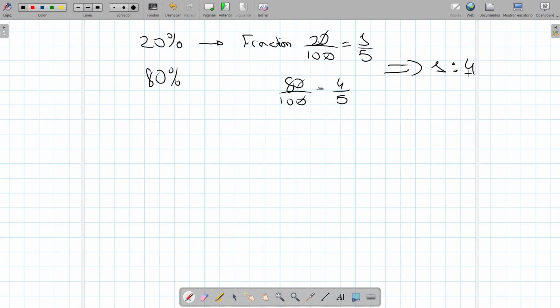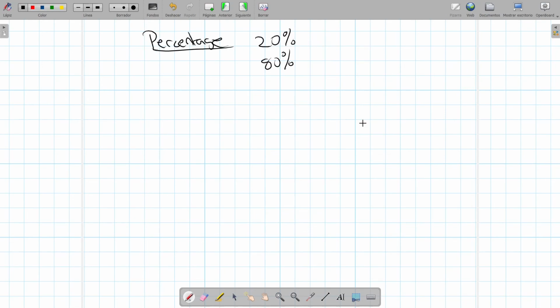Okay, so once you understand how to represent those relationships, either in fractions, ratios, or percentages, we could also convert from percentage directly to ratio, because we know it's 20 parts of 100 and 80 parts of 100, so we have a relationship of 20 parts to 80 parts.